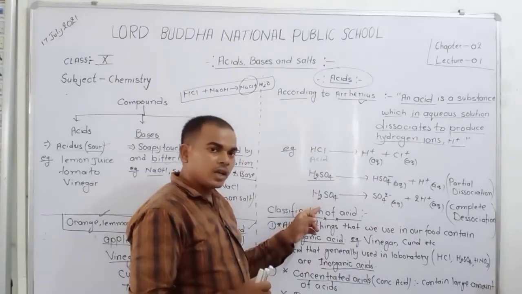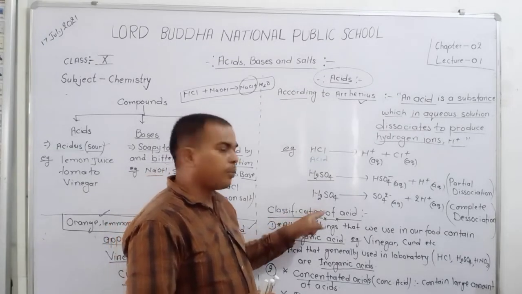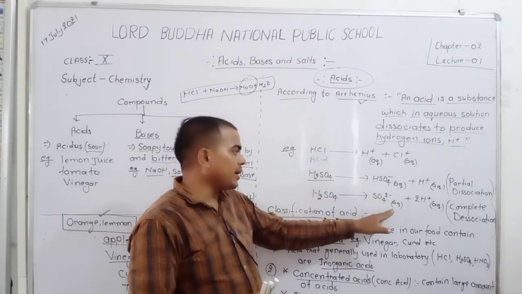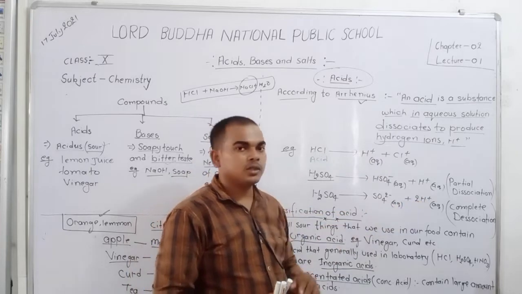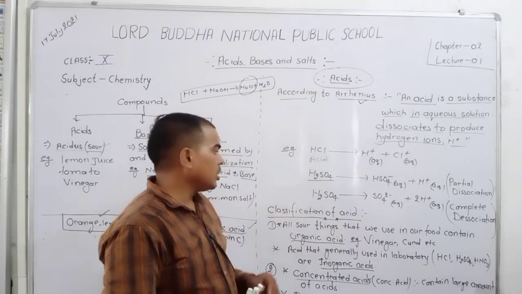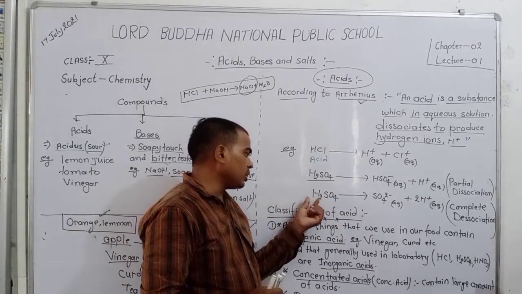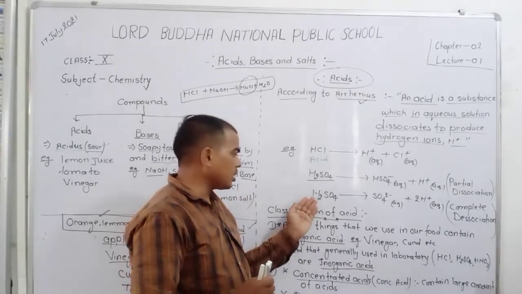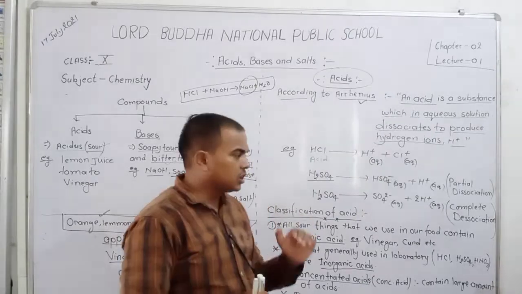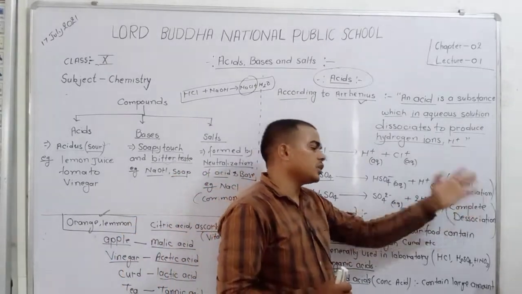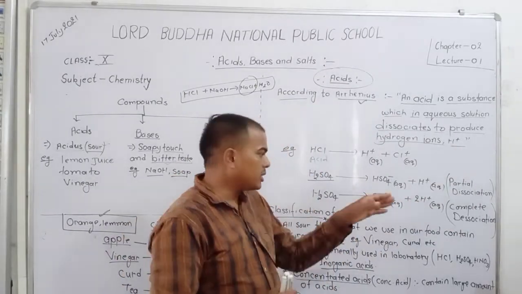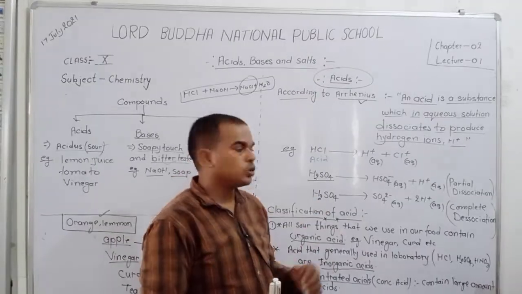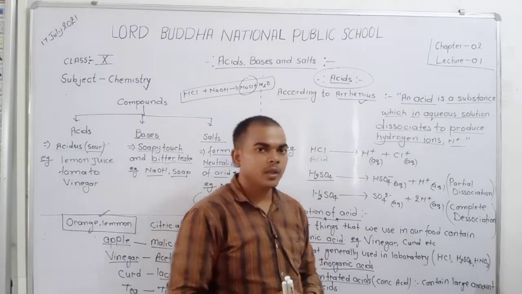But in another reaction, the same compound H2SO4 in water dissociates into SO4 double minus and 2H plus. That means in this compound two hydrogens are present and it completely dissociates. So this dissociation is known as complete dissociation, because in this compound total hydrogens are dissociated into H plus ion.